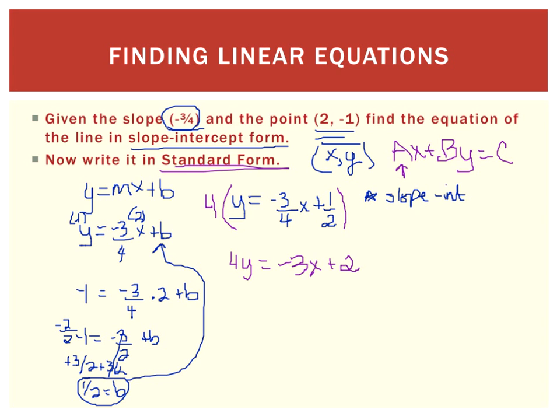And now I can move this into standard form by adding 3x to both sides. And I find that I have 3x plus 4y equals 2. And that would be standard form because a, b, and c, 3, 4, and 2 are all integers, and 3 is positive. Our leading coefficient is positive. Very good.